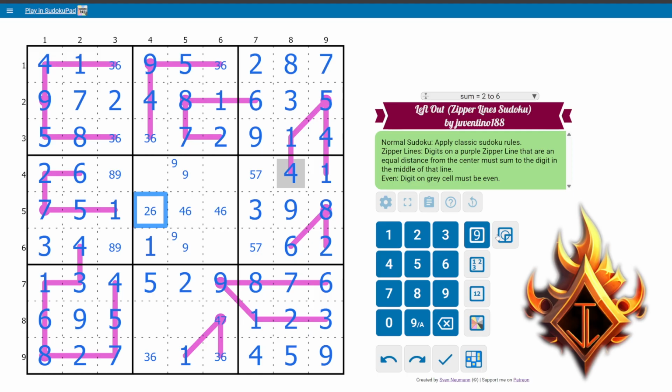This now becomes a 2. There's going to be an 8 right there. This will be 4, 7. We get that ordered.